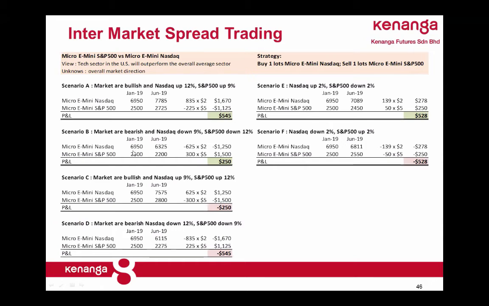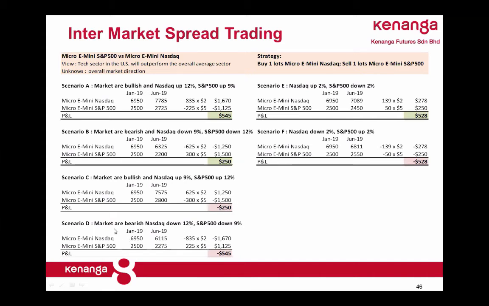Let's say the market is bearish, but the Nasdaq is down less than the S&P 500. This scenario will result in a profit of 250. Scenario C is the market is bullish, but Nasdaq underperforms the overall average index. Then you will incur a loss of 250.